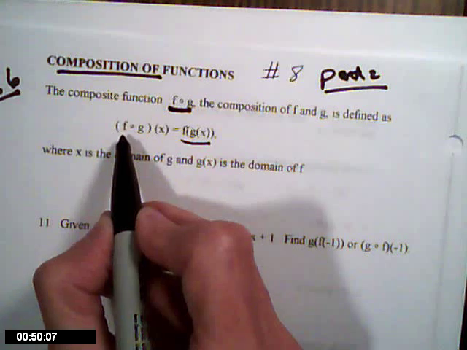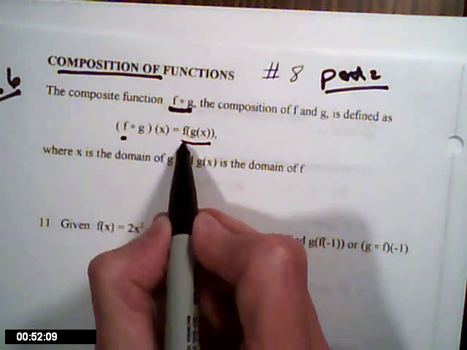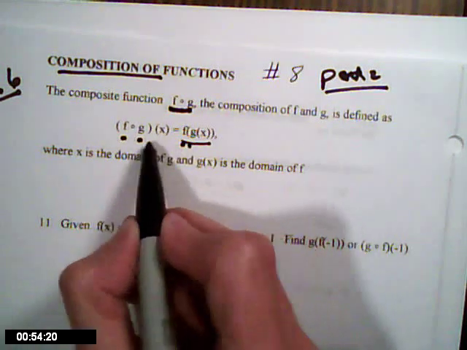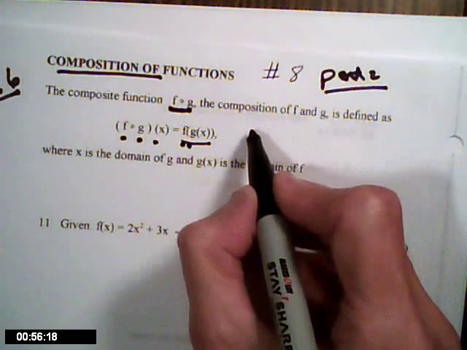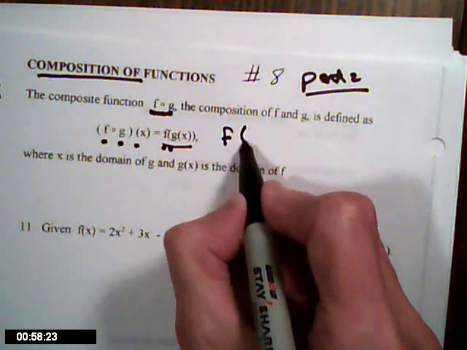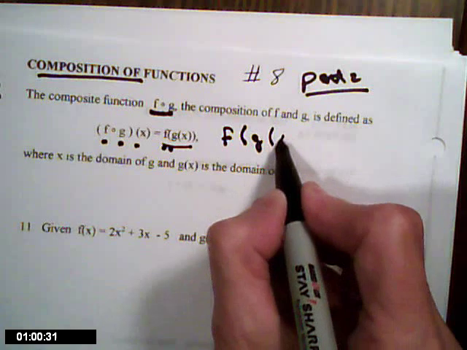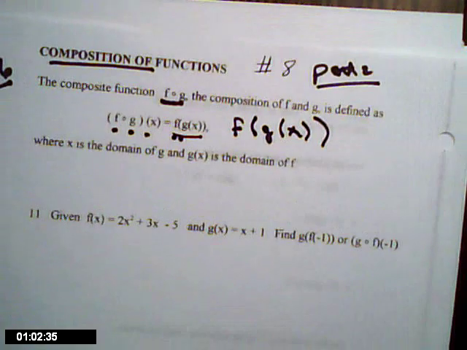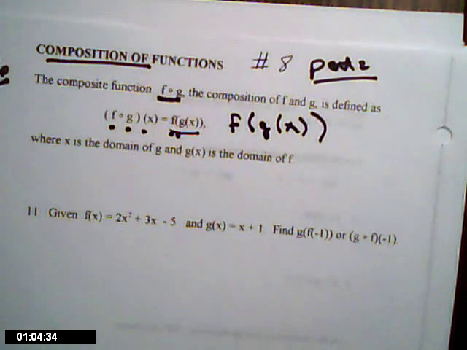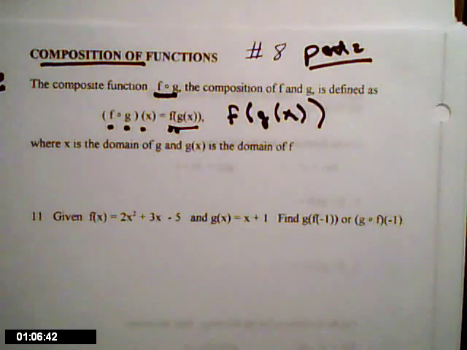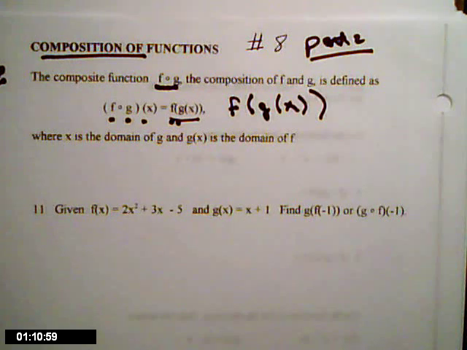Notice I've taken them in the same order: there's my f, there's my g, and then my x. This to me says f of g of x. I think of nested parentheses and working from the inside out, and this means a little bit more to me.